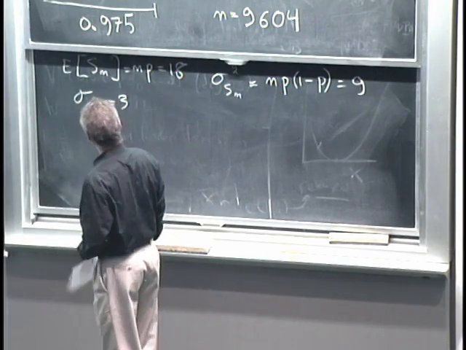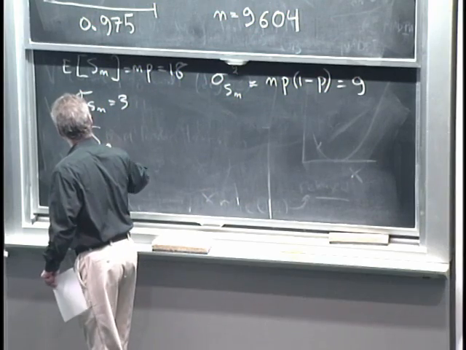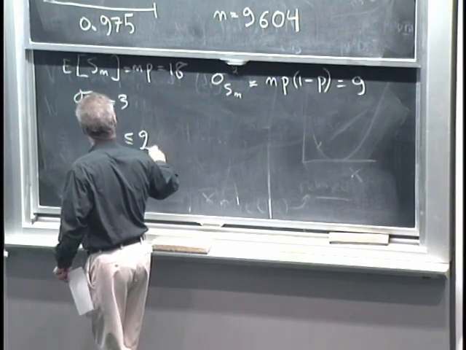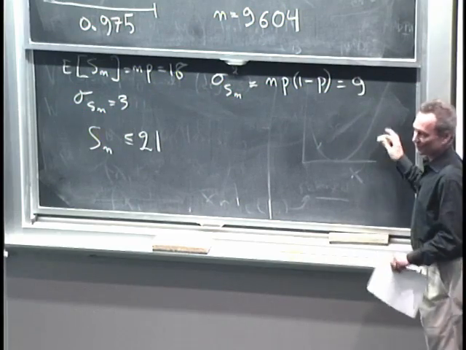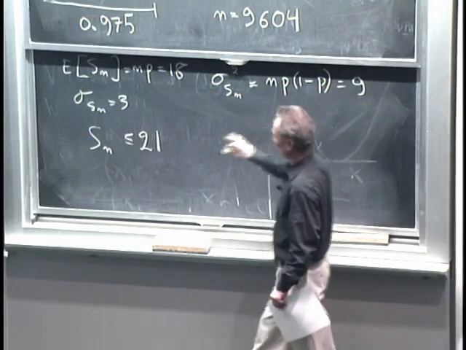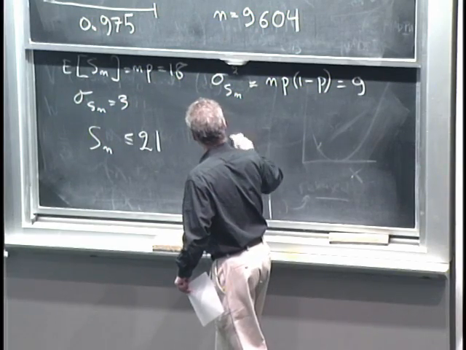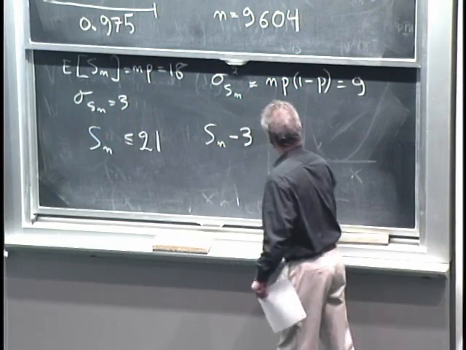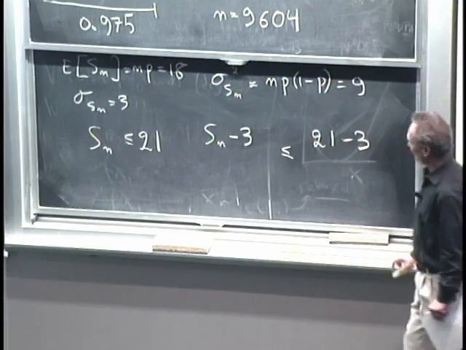Therefore, what we're going to do is take the event of interest, which is Sn less than or equal to 21, and rewrite it in a way that involves the standardized random variable. To do that, we need to subtract the mean. So we write this as Sn minus 18 should be less than or equal to 21 minus 18. This is the same event.